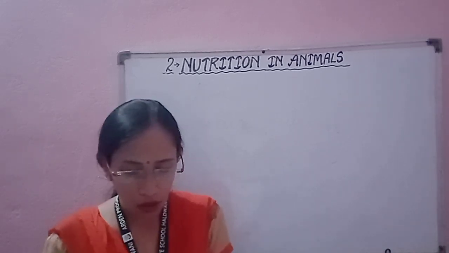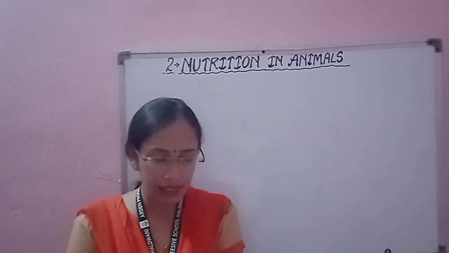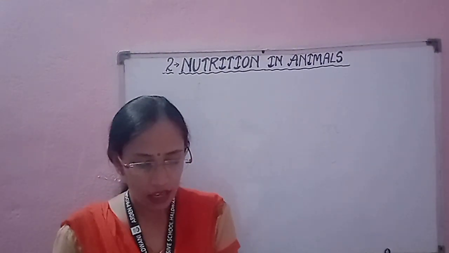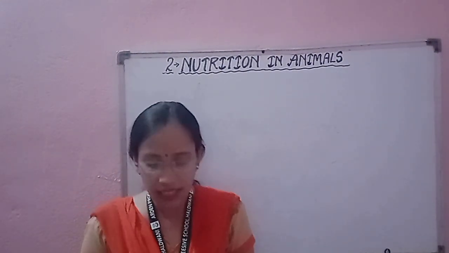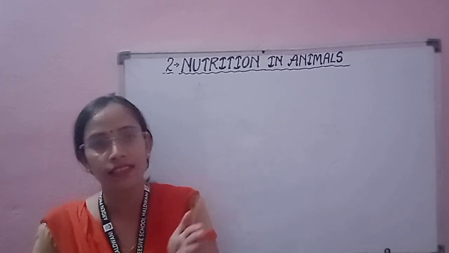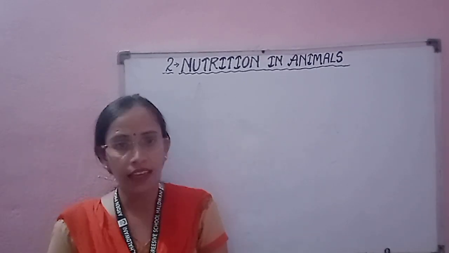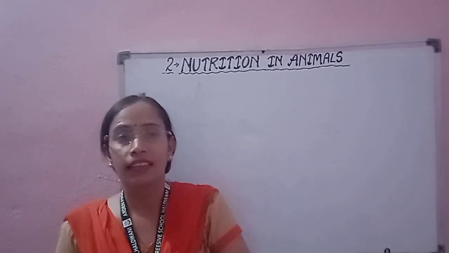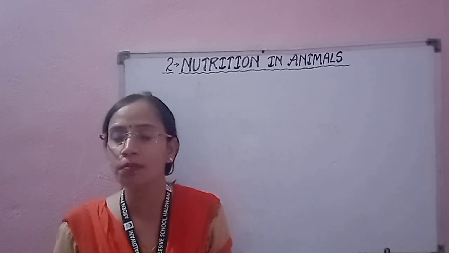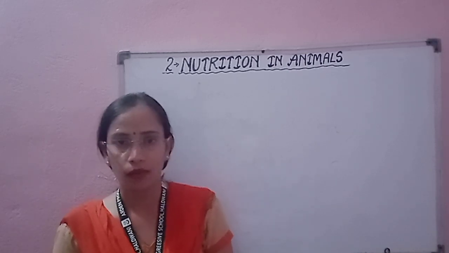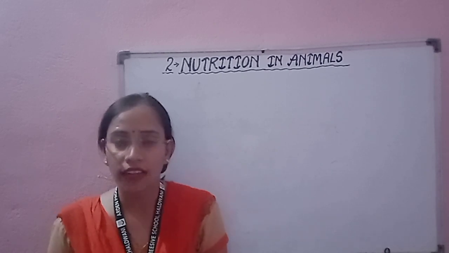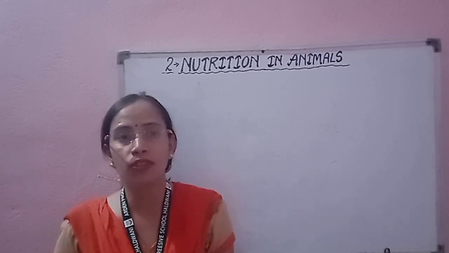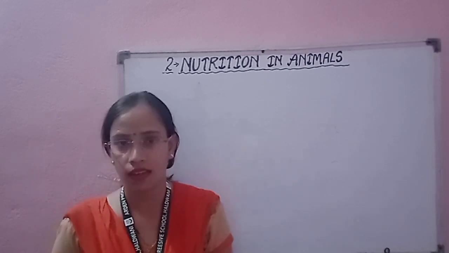Okay. So why are humans unable to digest the cellulose? Because humans lack the cellulase enzyme required to digest the cellulose. Okay, in the body of humans these cellulase enzymes are not present. So our body is not able to digest cellulose.